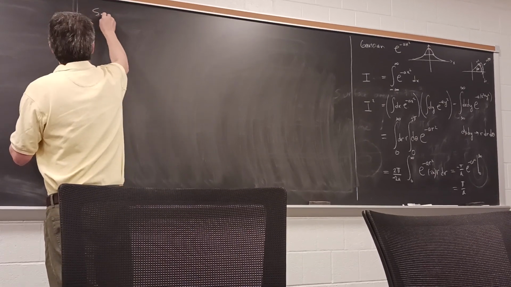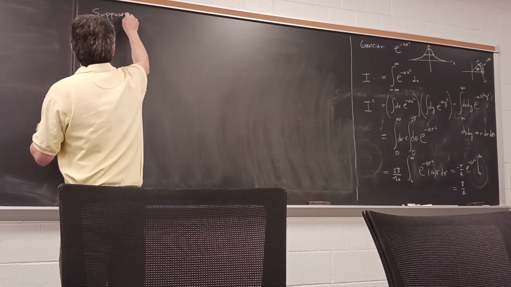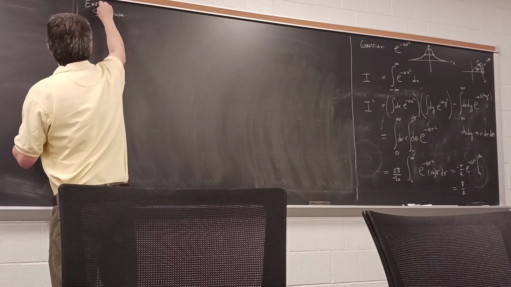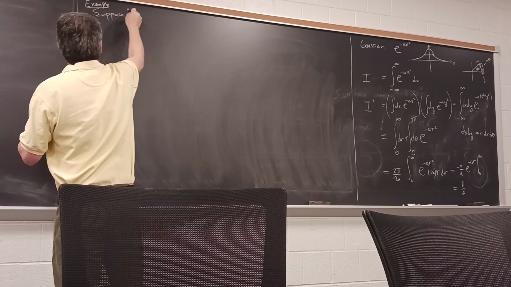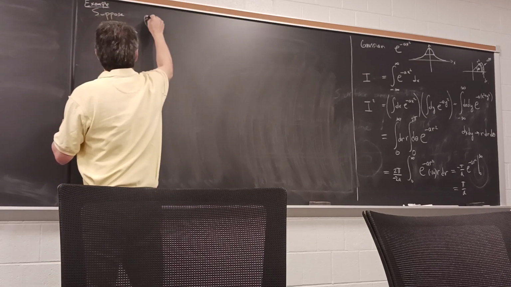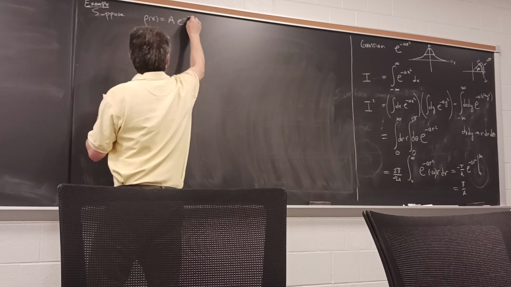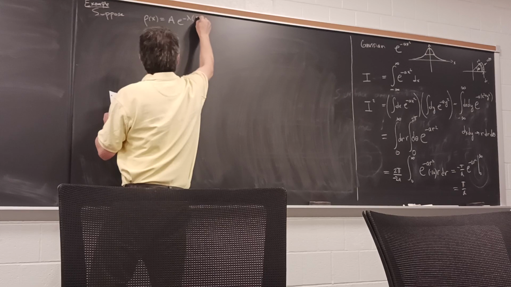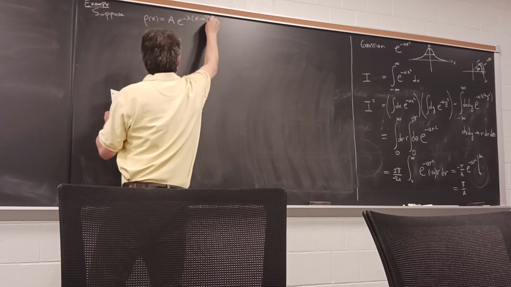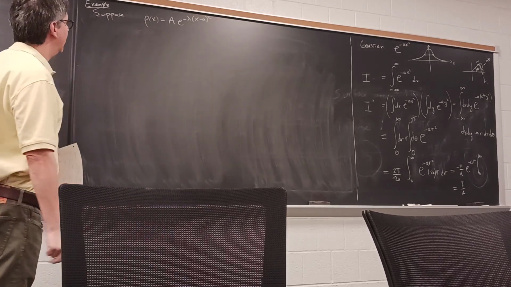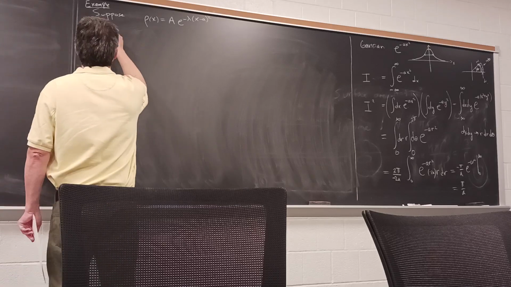Suppose, example here. Suppose we have some probability density that's equal to A e to the minus lambda (x minus a) squared. Okay, so this is shifted.